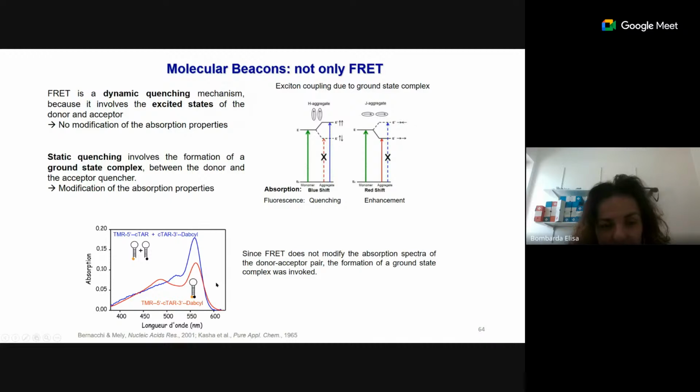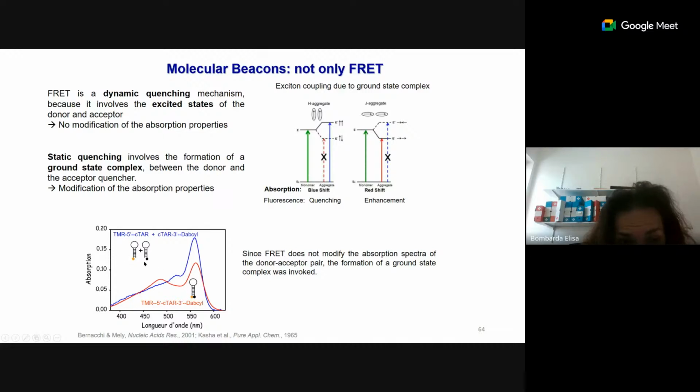So it was observed that the spectrum of this molecule with the fluorophore and the quencher on it has a different absorption spectrum in comparison to an equimolar solution of the single labeled structures.